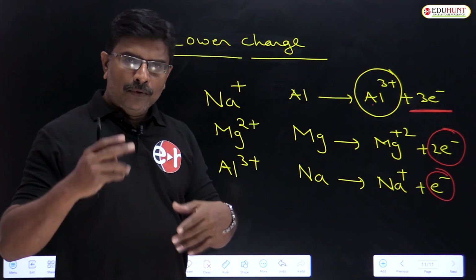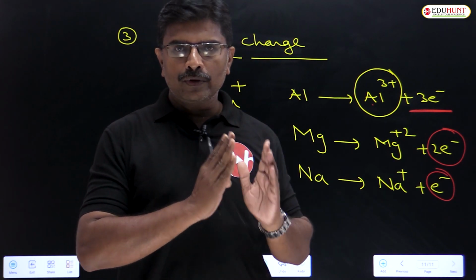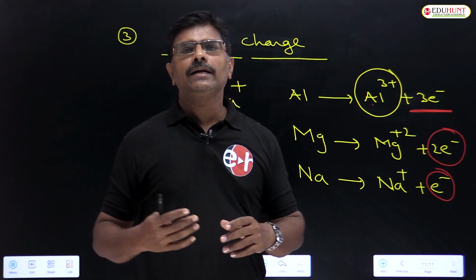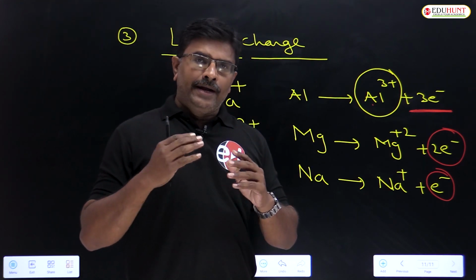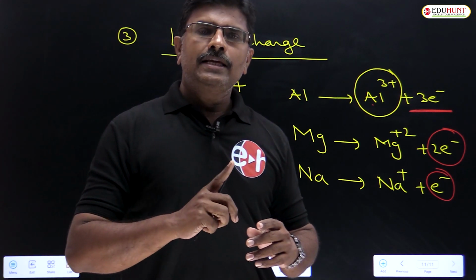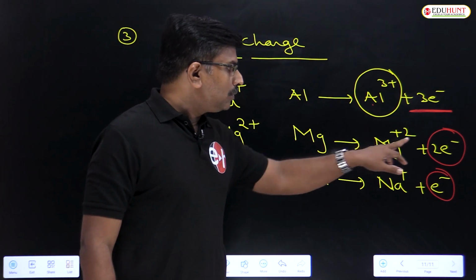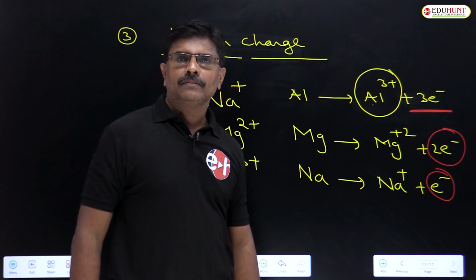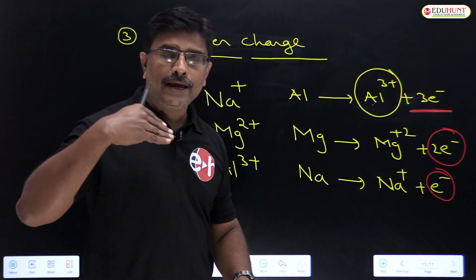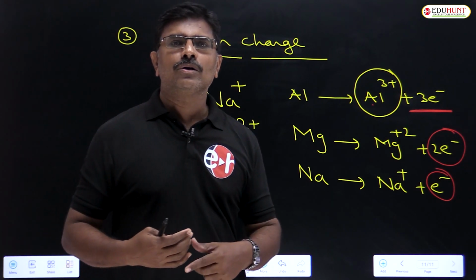Dear students, think on your own: is it easy to remove 1 electron from a neutral atom, or 3 electrons? Definitely it is easier to remove 1 electron than 2 or 3, because after 1 electron is removed, a unipositive ion is formed, and the influence of the nucleus is more.